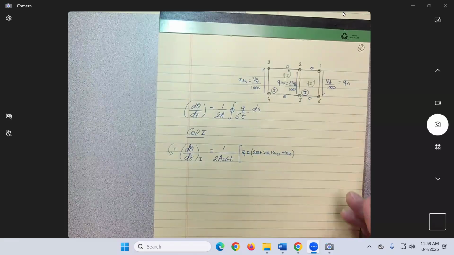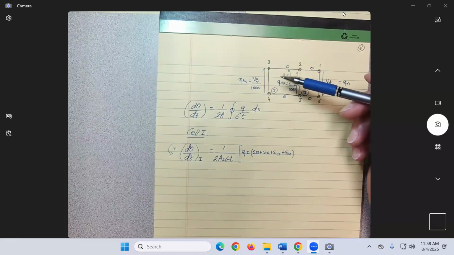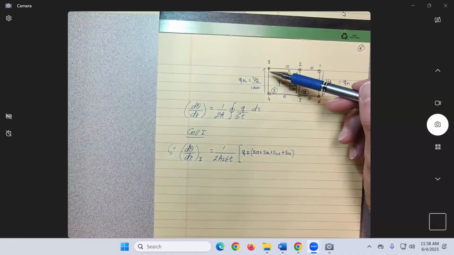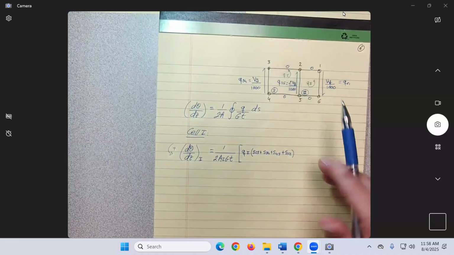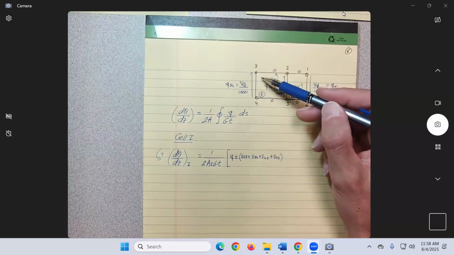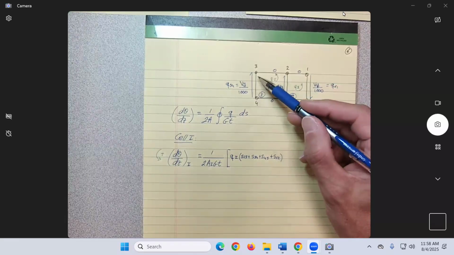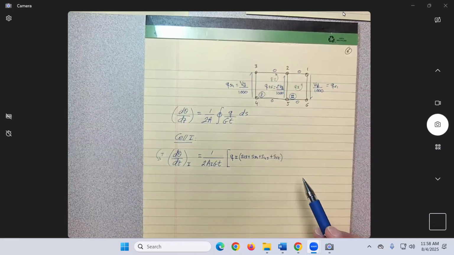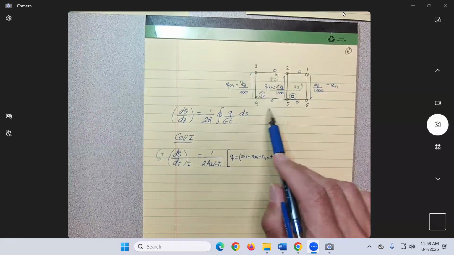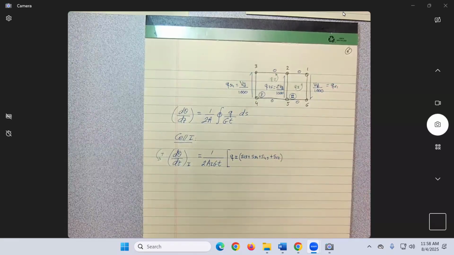So it will be counterclockwise. Now we need to pay attention to what the moment from 3, 4 is going to do. Is that one going to make the cell go clockwise or counterclockwise? This one over here. It's going to make it go clockwise, no? So now this will be negative.